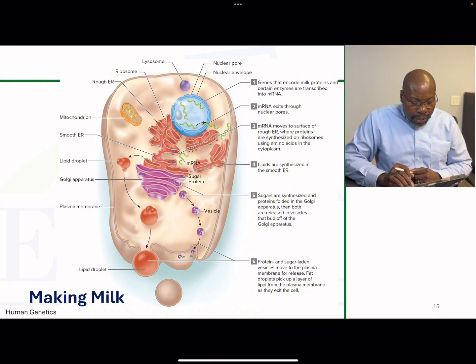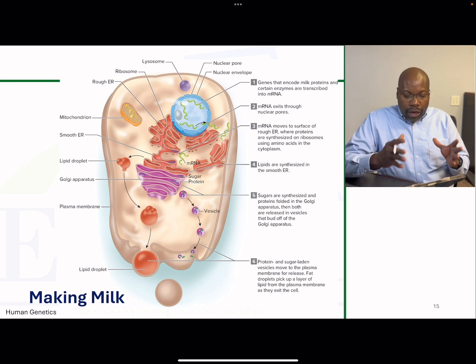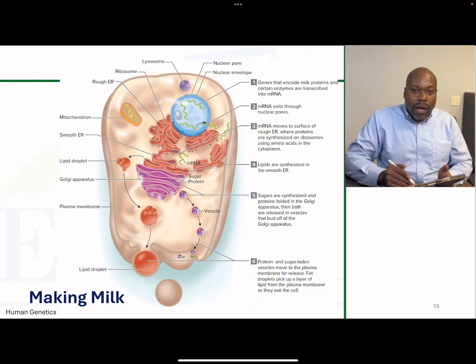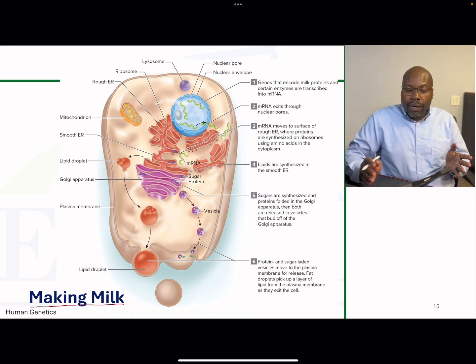Now, this slide here is to kind of show you how the network of flattened sacs in the cell function together for a major outcome. Now, here we are going to address the production of milk in a woman after giving birth.